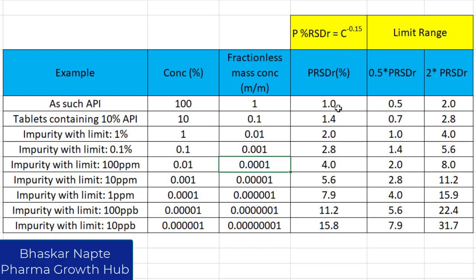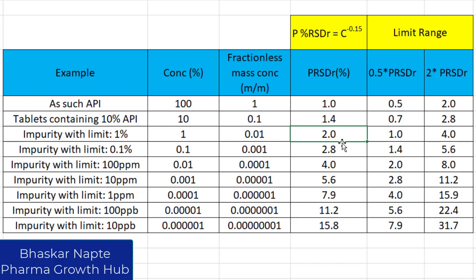With respect to as such API where the concentration is expected to be 100%, the predicted RSD is 1%. For 10 percent of the substance, it is 1.4. For 1 percent of the substance, it is 2.0.